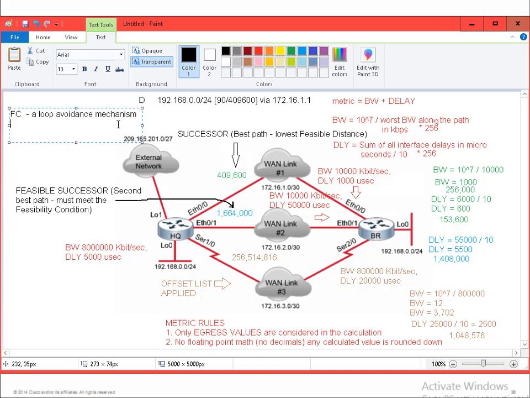And here's what it basically states. The reported distance of the backup path must be less than the feasible distance of the primary path, what we call the successor.